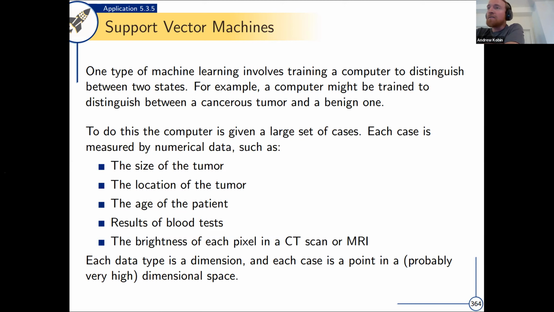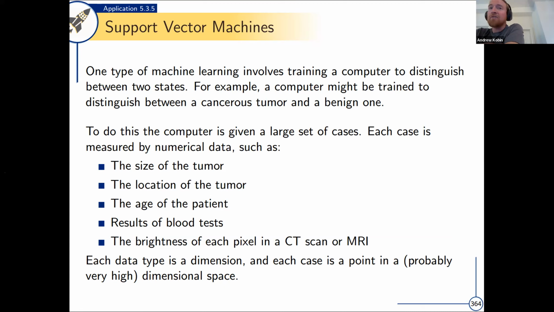So in order to train a computer system, in order to perform machine learning in a really basic sense, we give the computer system a large set of cases, which really means a large set of pictures, along with the information attached to each picture of whether that tumor is cancerous or benign.